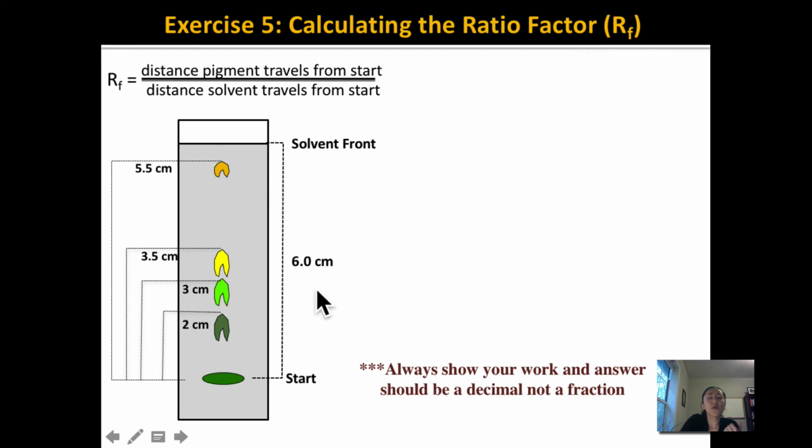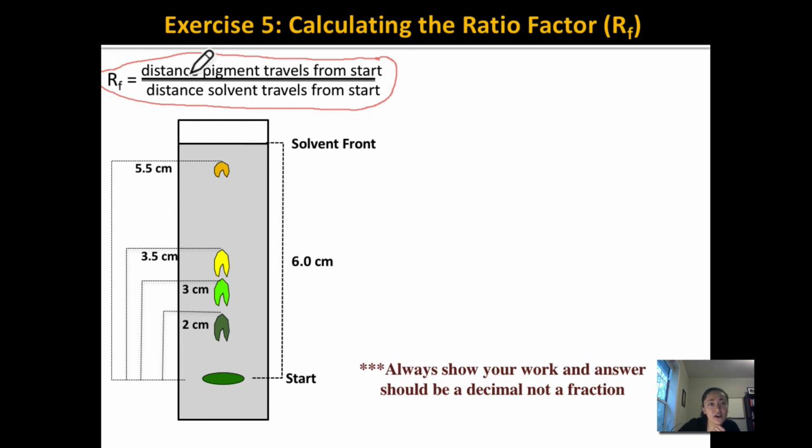You need to know how to calculate this for the exam, for sure. What you simply do is follow this formula that's written over here. Memorize this formula. This is how you calculate the RF. Almost always there will be some sort of RF calculation on the exam, so remember to bring a calculator to your exam so that you can solve one of these problems.